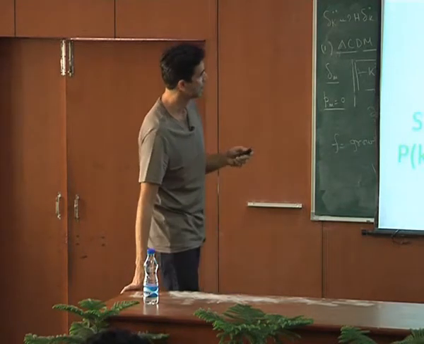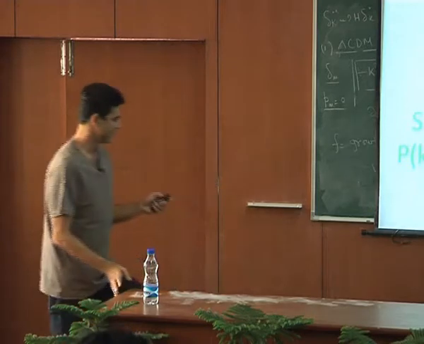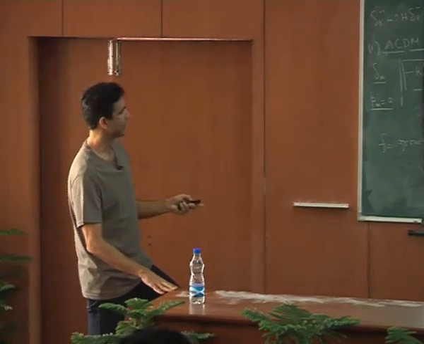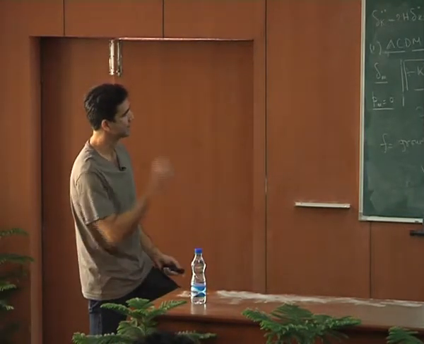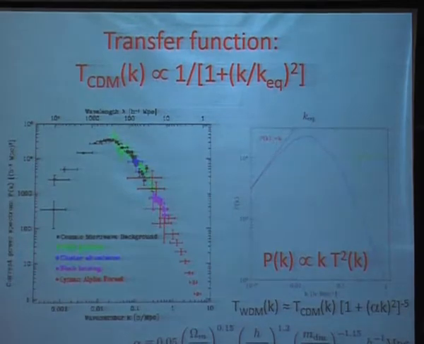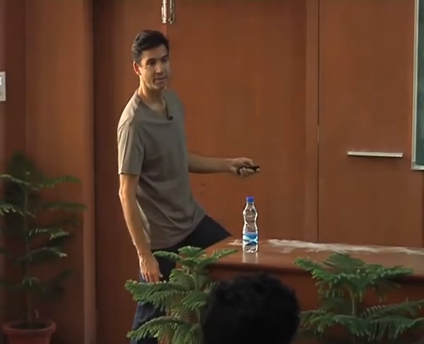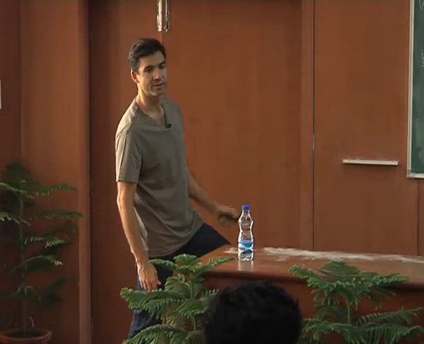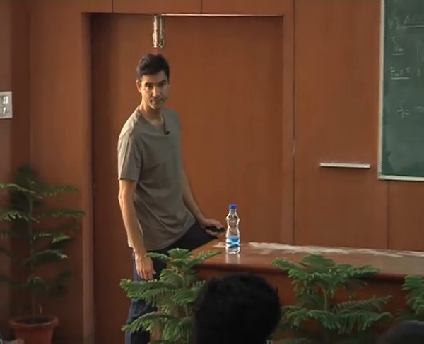Don't worry about the Fourier transform, we'll do that later. And so this is that diagram. The modes started out like this, and then they have a suppression of power. This is the 1 over k cubed.